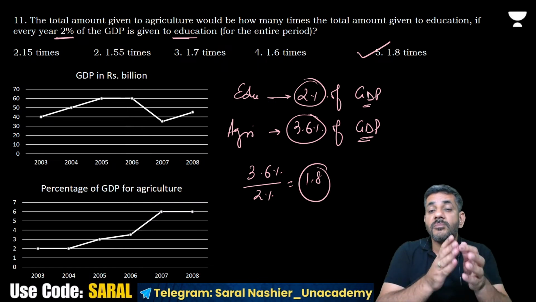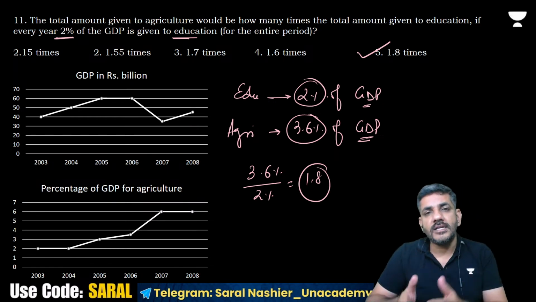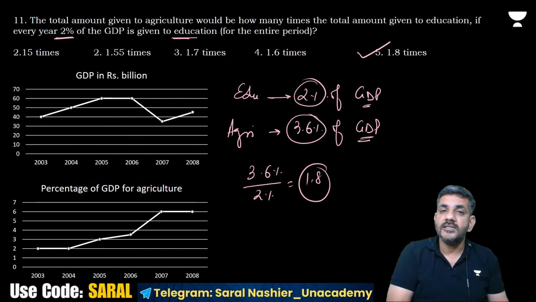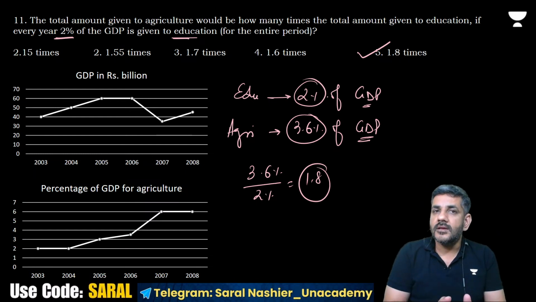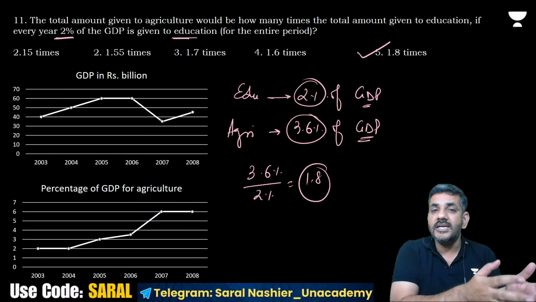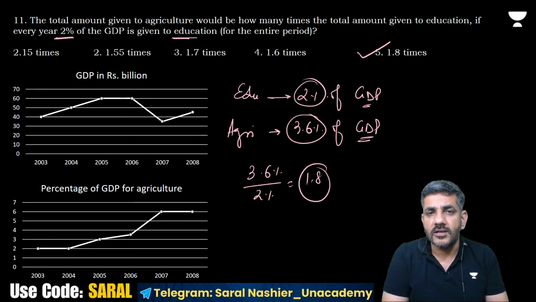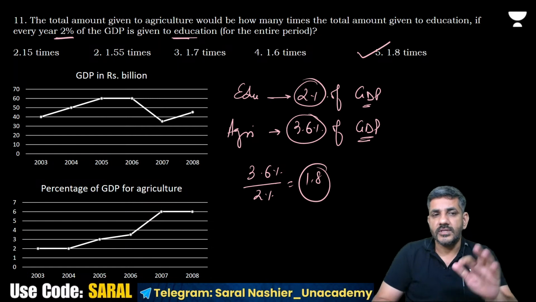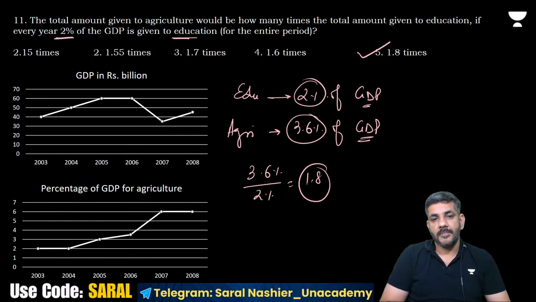Yes, because they both have the same base. This 2% is calculated out of the total GDP and 3.6% is also calculated on the GDP. So if the base is the same, whatever times the percentage is of the other percentage, the same number of times would be the absolute values as well. So the correct answer for this question is option 5, that is 1.8 times.